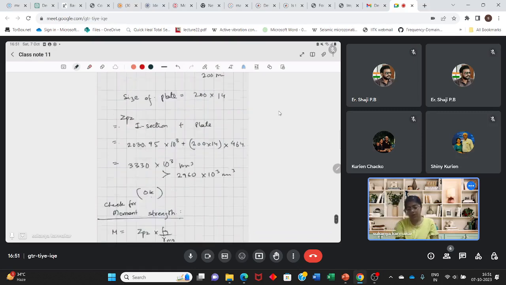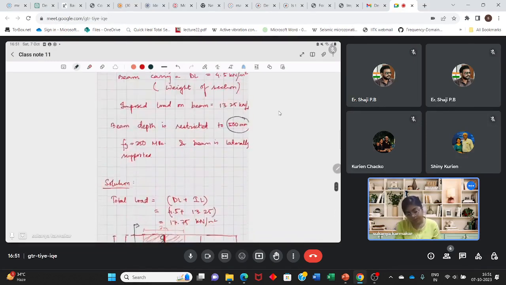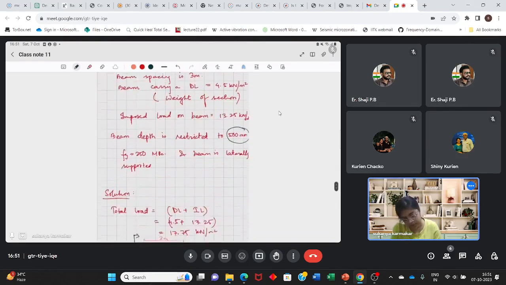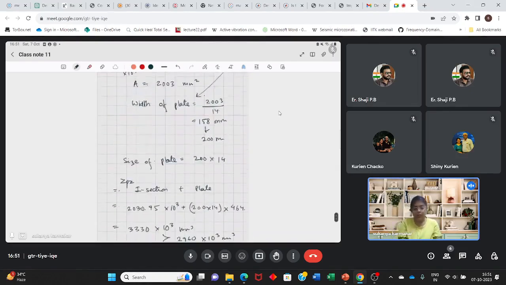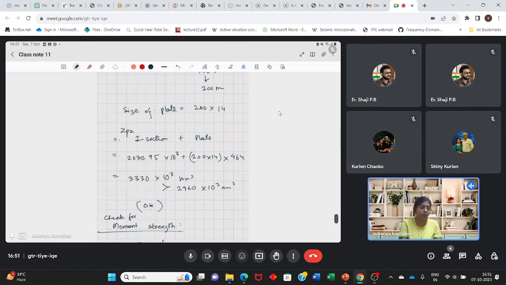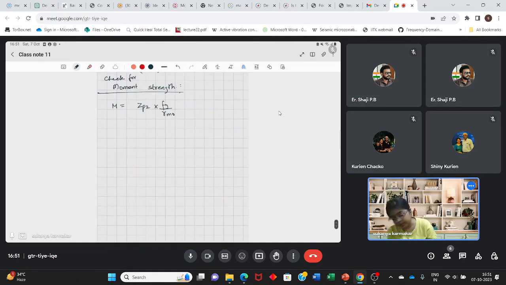You need to check what kind of section this is. I don't have the section properties right now. I believe it will be either a plastic section or a compact section.